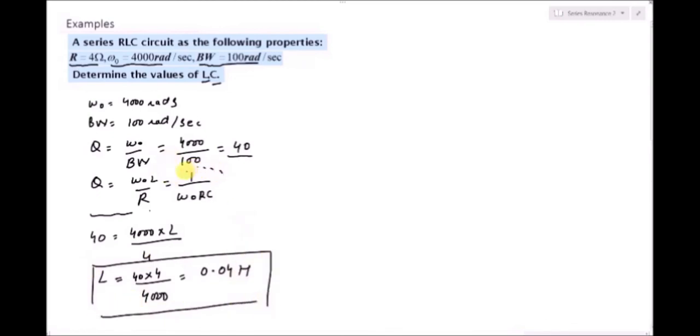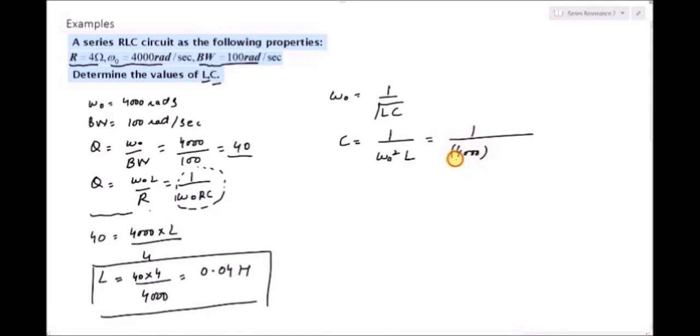You can also use the second formula for the value of capacitance, and you can also use the formula of omega naught, that is 1 over under root LC. The capacitance formula will become 1 over omega naught square L. By putting the values of resonant frequency and inductance, I will get 1 over 4000 square into 0.04.